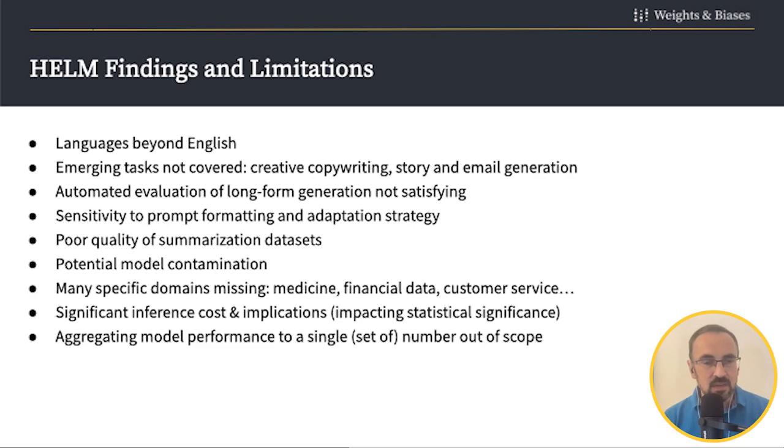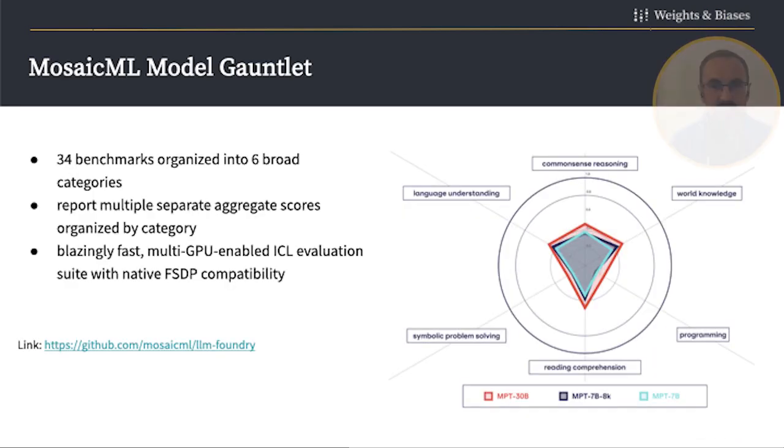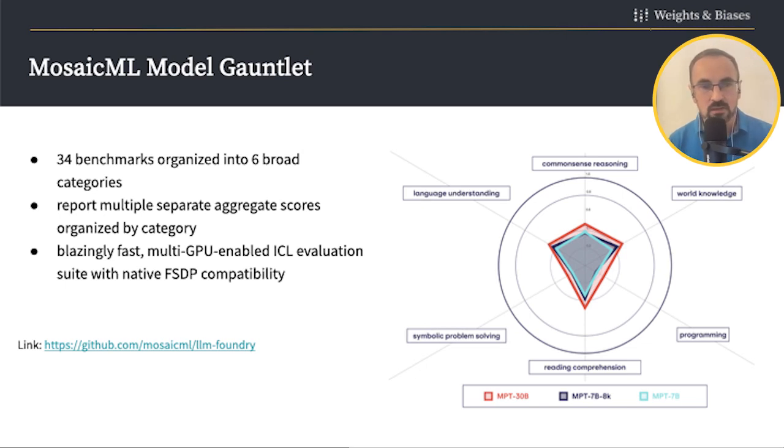And they also avoided aggregating model performance to a single number or a set of numbers. That's actually something that is being solved in a way by the MosaicML Model Gauntlet, which has been released quite recently. It's part of a MosaicML tool called LLM Foundry, and it aggregates scores across 34 different benchmarks. It organizes them into 6 broad categories, such as common sense reasoning, world knowledge, programming, reading comprehension, and so on.